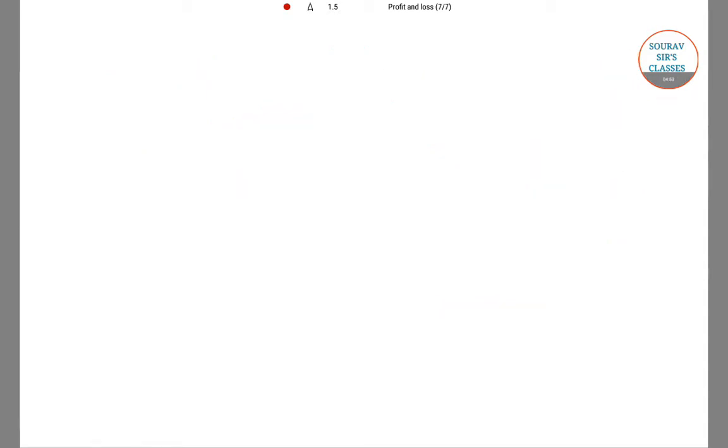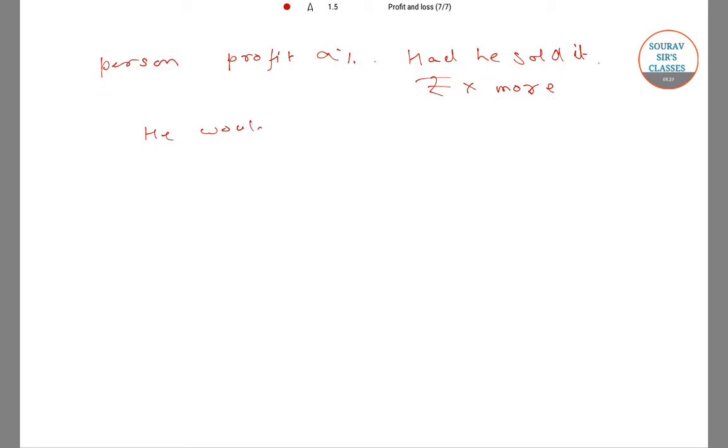Now suppose we are given a question that a person sells a good at a profit of A%, and had he sold it at rupees X more, then he would have made a profit of B%.